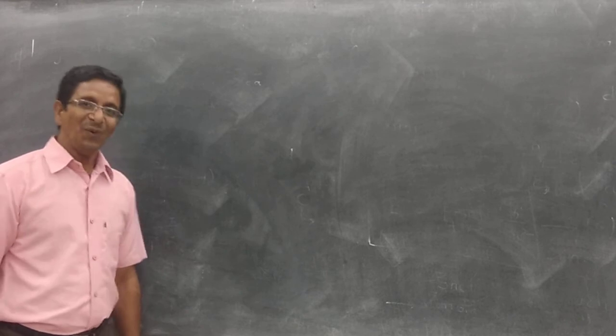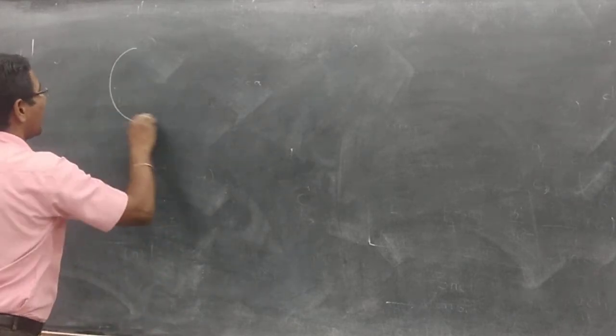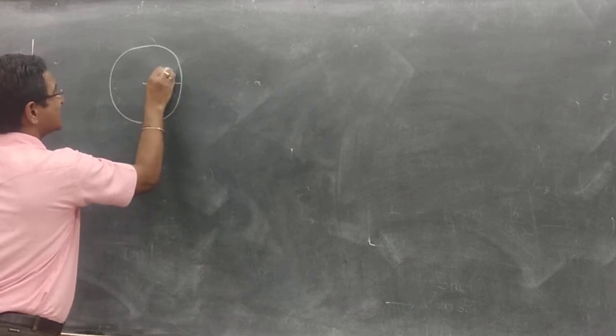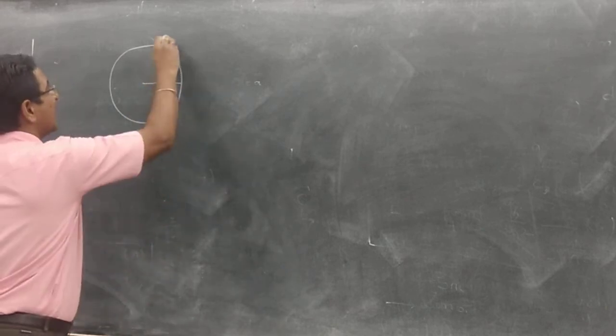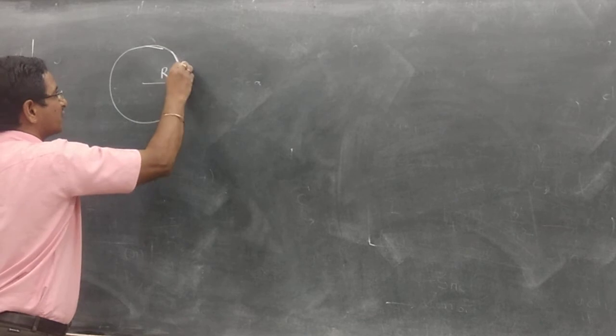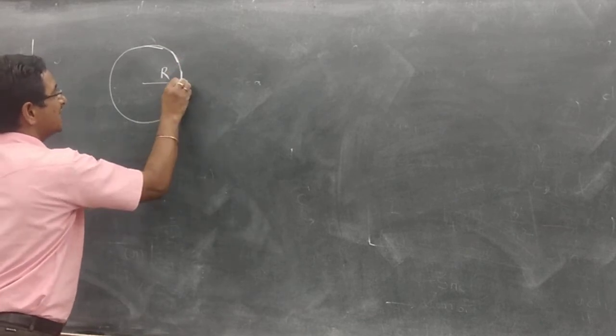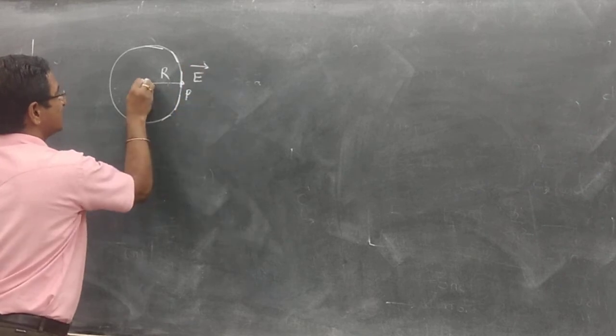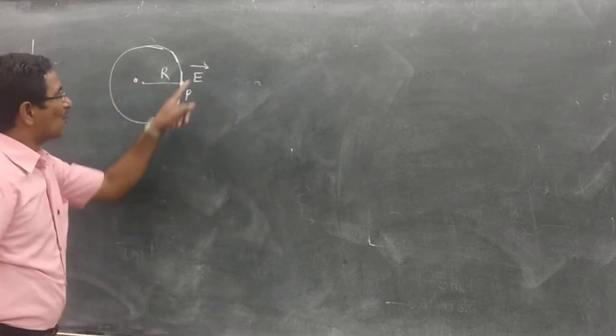Now I took the same sphere, its radius capital R. I draw a Gaussian surface on it. It is a point P. The electric field is E. It is point O. What is the electric field?